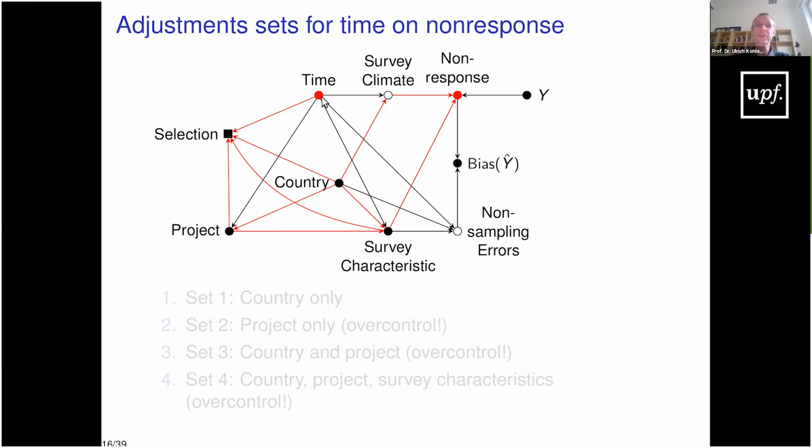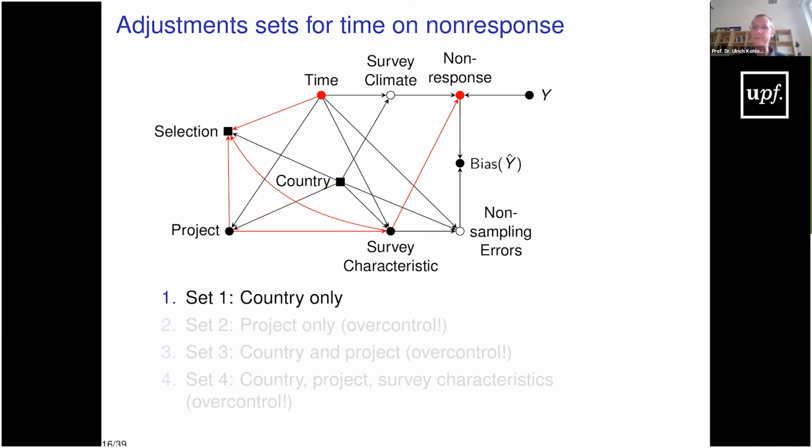So when we look at the total effect of time on non-response, and if we just calculate the bivariate association between time and non-response, this will not be an estimate of the causal effect, because there are so many paths that are non-causal, which all appear because of our selection process. So what we want to do is to control for other covariates to get rid of those biasing paths. That's the entire idea of identification using directed acyclic graphs.